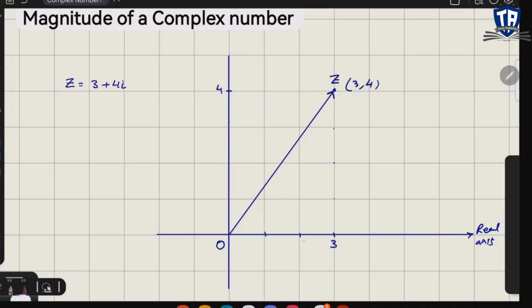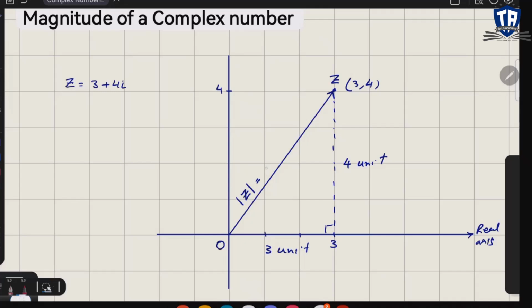You can see that if I show the vertical distance with a dotted line, it looks like a right angle triangle. Along the x-axis it is 3 units, along the y-axis it is 4 units. And the magnitude of z gives the length of this complex number.